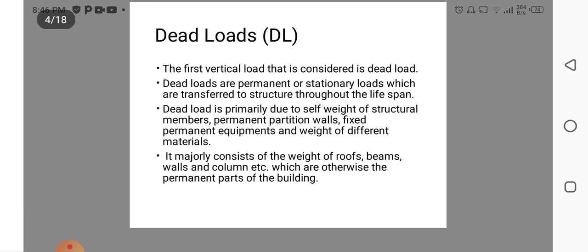First of all, we'll be discussing dead load. Vertical load that is considered as a dead load. Dead loads are permanent or stationary loads which are transferred to the structure throughout its span.